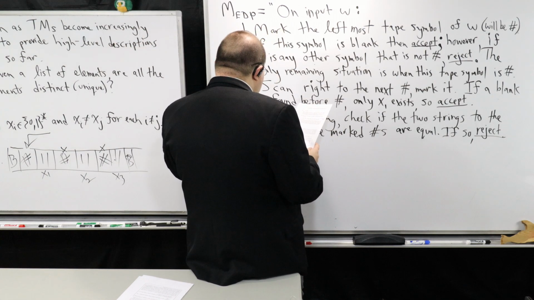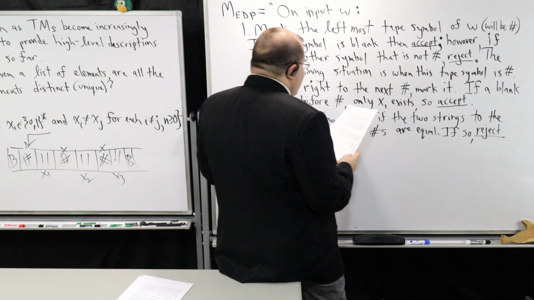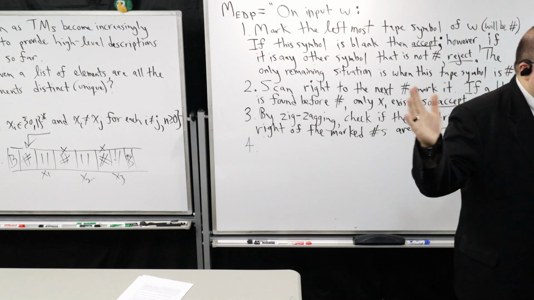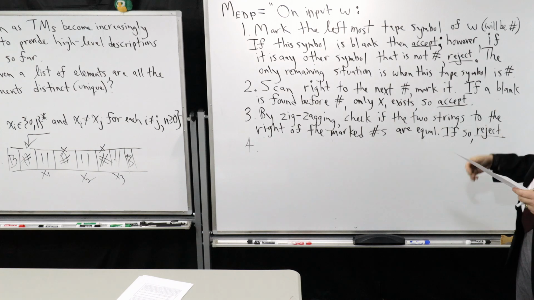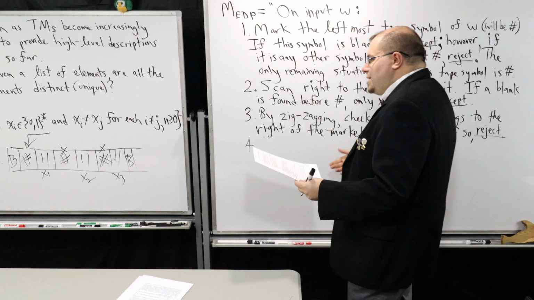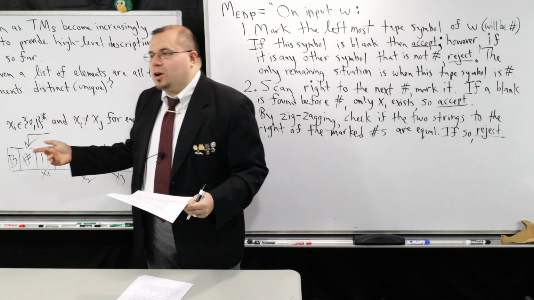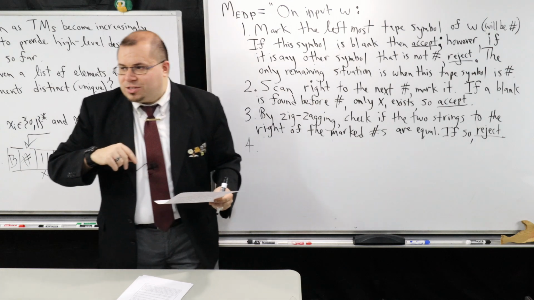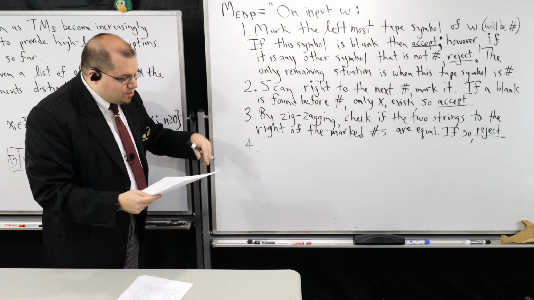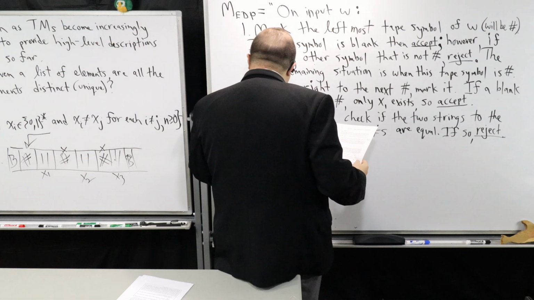So I need to tell you what you're supposed to do next, right? I told you that you should be able to move to the next marker to the right, but I also need some way to move that leftmost marker over by one if I need to. So let me describe that step now.